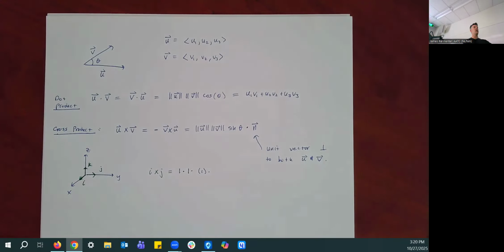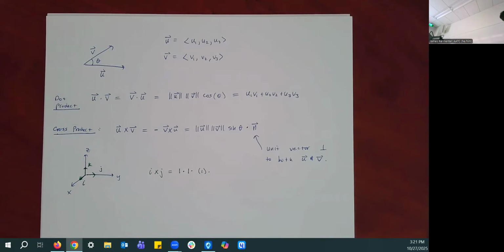But here's the question. Should it point upward in the z direction or downward in the z direction? Because both directions are perpendicular to both the vector pointing in the x direction and the vector pointing in the y direction. Or more generally, both of them are perpendicular to the xy plane, the plane that is spanned by those two vectors. I know that's maybe not a word you guys have heard yet, but you'll definitely hear it in 22A.